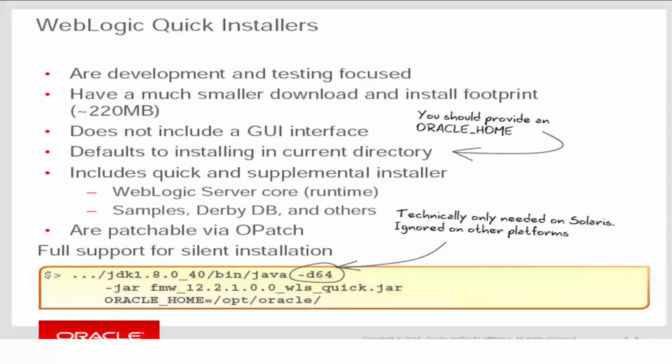If we want to change the installation directory, we can provide an Oracle Home. It includes the quick and supplemental installers, like WebLogic Server Core, Runtime, Template, WDT, and others. That installer is also patchable, and it can be patched by the OPatch utility.